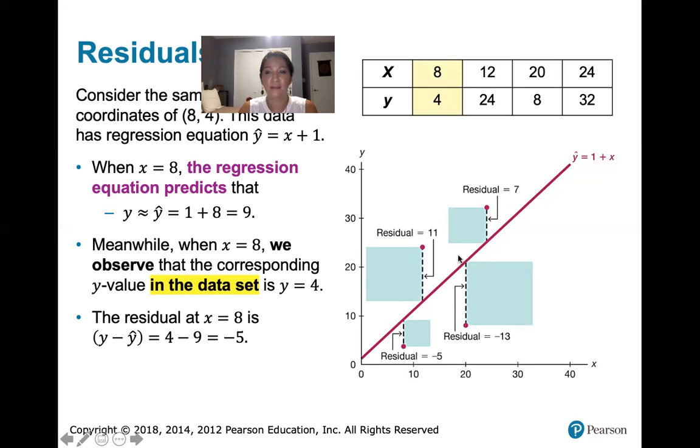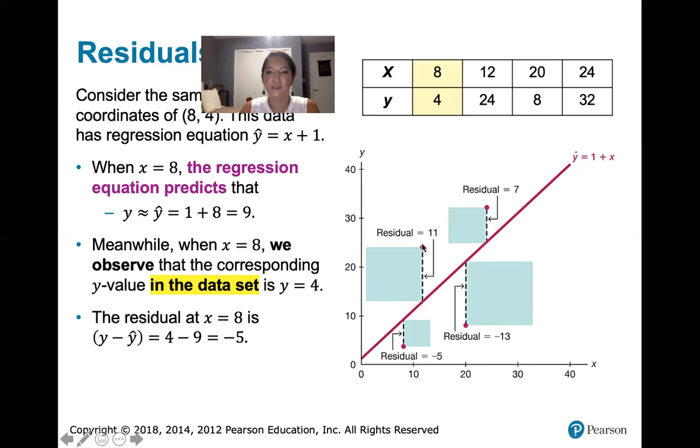When our points are above the line, like they are for X equals 12 and X equals 24, the residual is positive. When X equals 12, the actual Y value in our data set is 24. But the predicted Y value from our model is 12 plus 1, or 13.